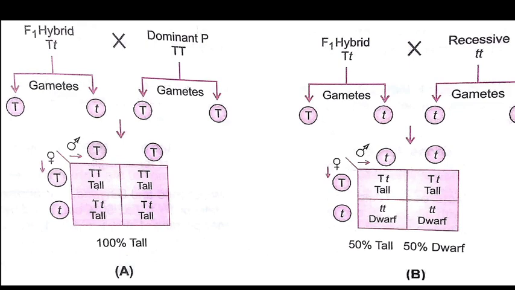He kept a complete record of every cross and applied statistical methods and laws of probability in computing his results. He took one or two traits at a time for his experiment, whereas studying many traits simultaneously would have caused confusion and complicated matters. He was also fortunate that the characters he chose did not show linkage, incomplete dominance, and gene interaction. So these are the important reasons behind Mendel's success.